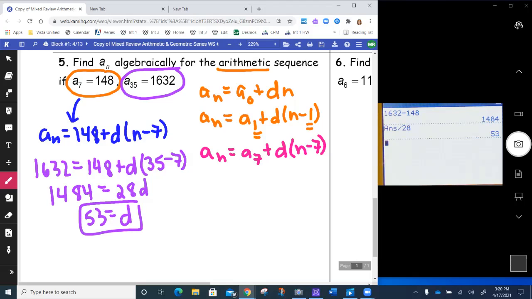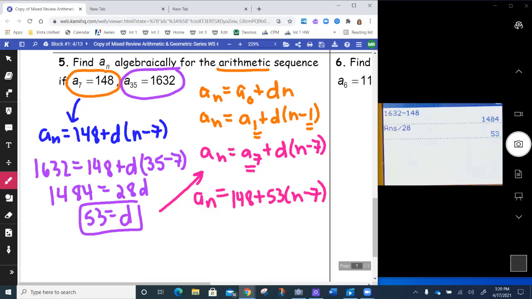I'm not done with my equation, but they want me to find my equation. So at this point, you could go into this equation and write an equation for a sub n, starting with your seventh term, which is 148, adding 53, n minus 7 times, and that would be your equation.